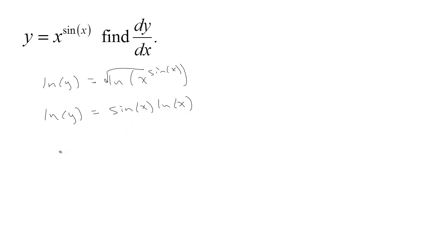Let's go ahead and take the derivative of both sides with respect to x now. If you take the derivative of the left-hand side with respect to x, you get the derivative of the inside over the inside. To take the derivative of this is a product of two functions. So you take the derivative of the first times the second plus the first times the derivative of the second. The derivative of the first would be cosine times the second plus the first, which is sine, times the derivative of the second.